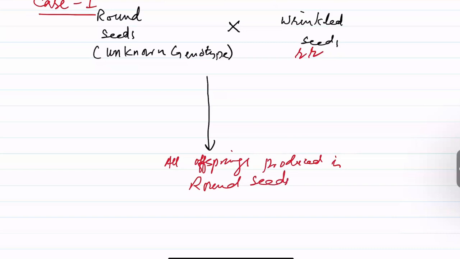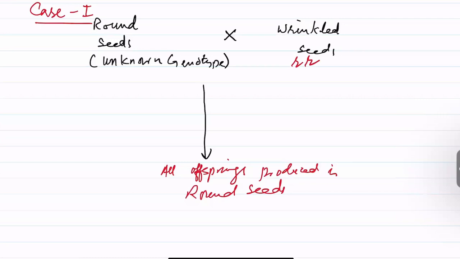So it means that neither of the offsprings produced have wrinkled seeds. So it means that this round parent with an unknown genotype is homozygous for the round genotype.